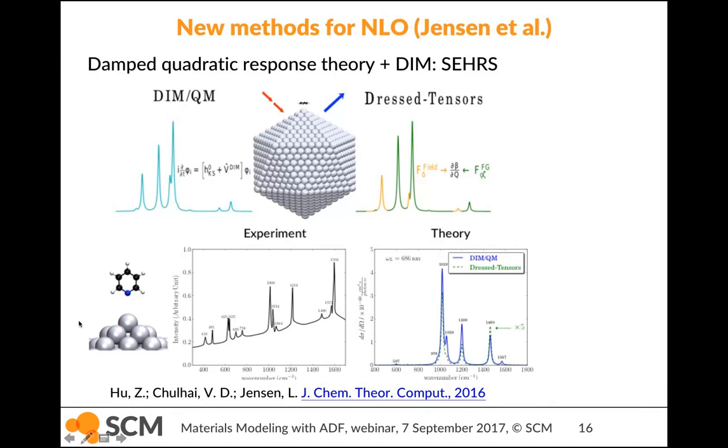Here's an example for an aromatic molecule sitting on a few thousand atom silver nanoparticle. These are the experimental measured hyper-Raman spectra, and these are the calculated ones. So in principle, reasonable agreement here, but on the lower end, you don't get the lower modes as well.